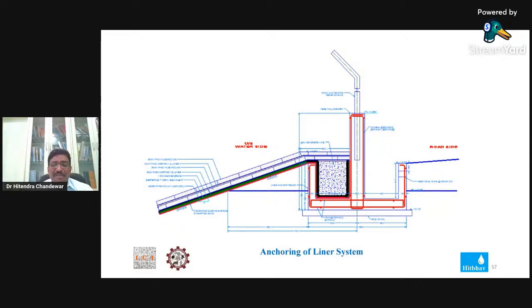Most designers don't know this; they just apply basic knowledge and recommend some liner system, and they do not go for proper anchoring at the top of the bund. In that case the liner slips out, because the HDPE and geosynthetic liners have very little friction. So to properly anchor it, anchor trenches were provided.